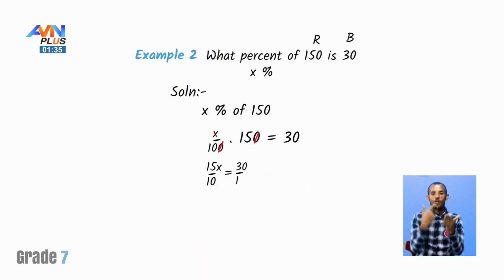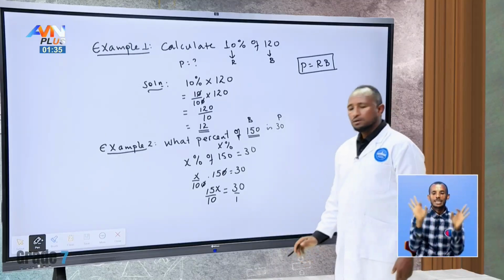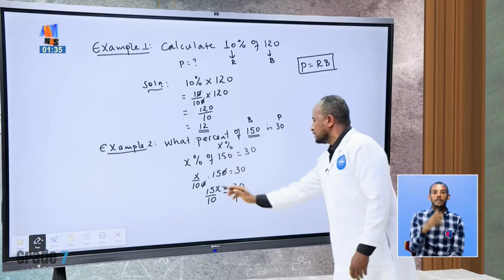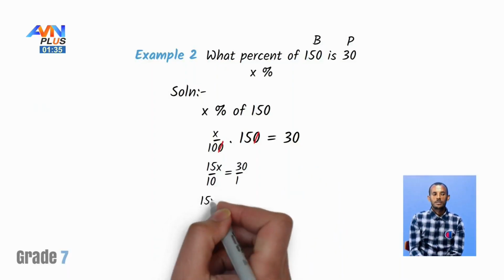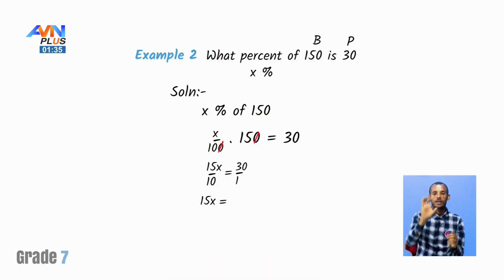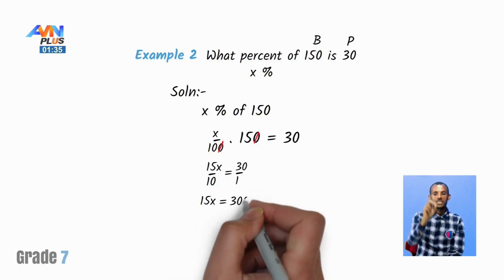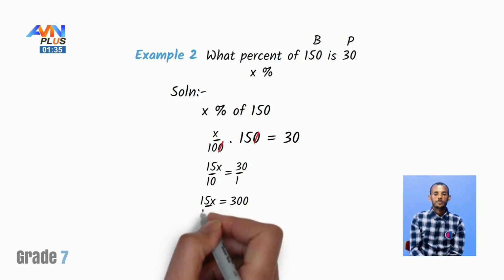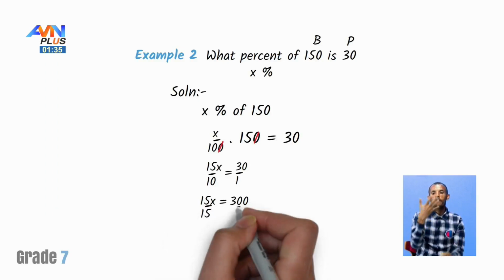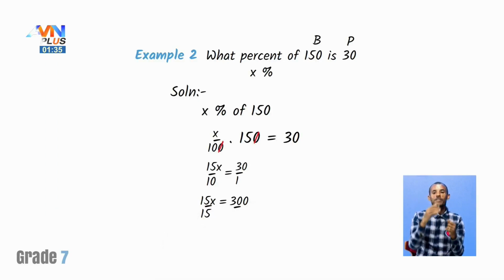Therefore, to solve for x, let's apply cross multiplication. 15x times 1 is 15x is equal to 10 times 30 gives us 300. And then divide both sides by 15 to solve for x.